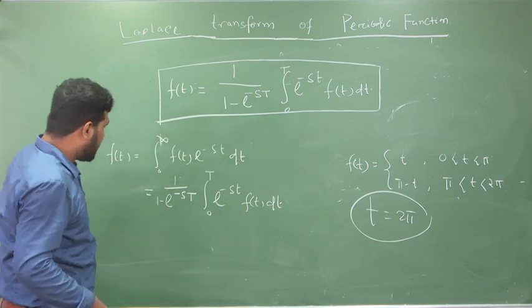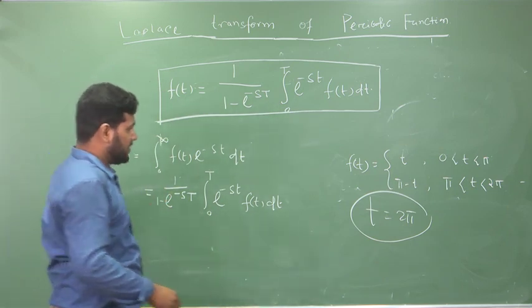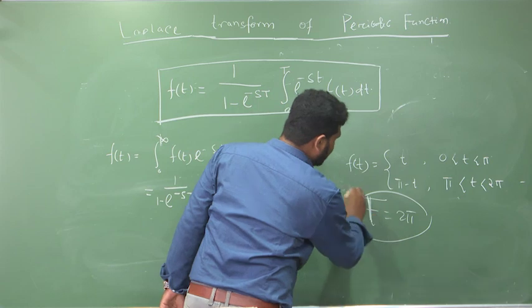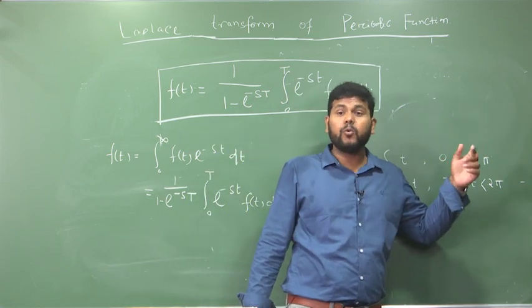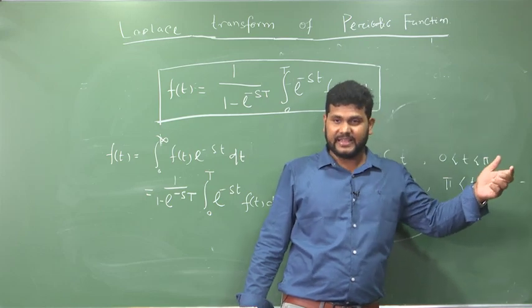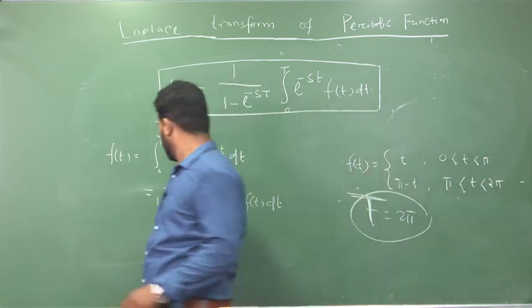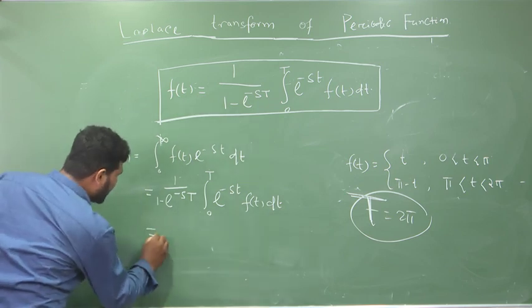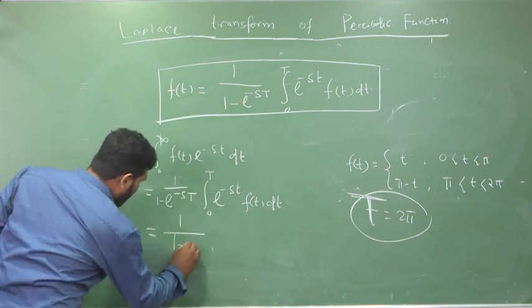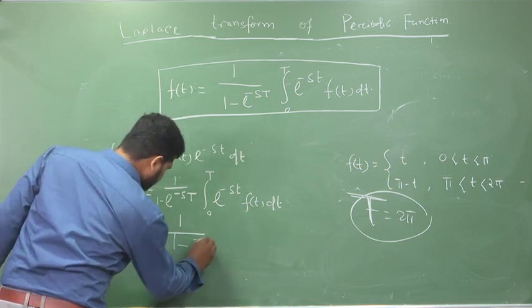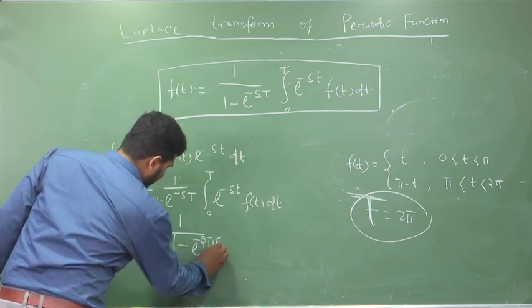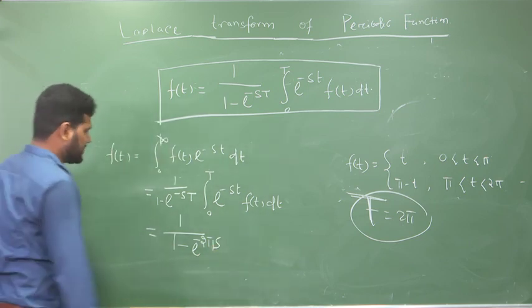So T, the period of the function, the interval after which the function repeats, is 2 pi. Now we substitute: 1 upon 1 minus e power minus 2 pi s.